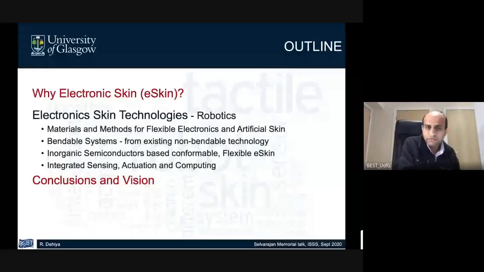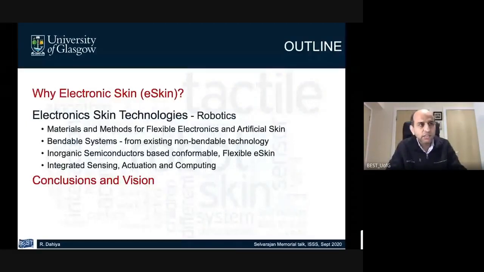So here is the outline of my talk. In the first section, I will describe the motivation for developing electronic skin: why do we need electronic skin in various scenarios, as well as some future scenarios where electronic skin may enable advances. And then I'll move on to electronic skin technologies, essentially covering all aspects related to integrated sensing and integrated computing.